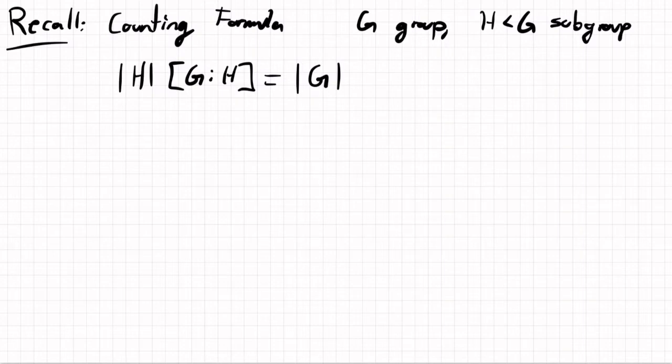Okay, so now we want to apply this counting formula. Let's start with Lagrange's theorem, which is just going to be the simplest possible way we could apply this formula. This is Lagrange's theorem.